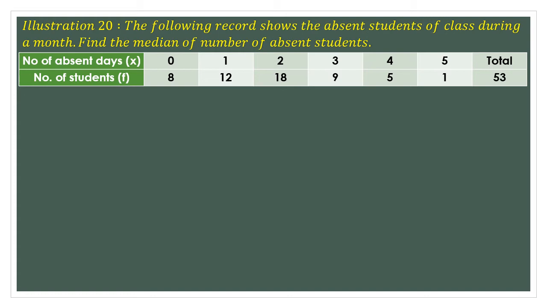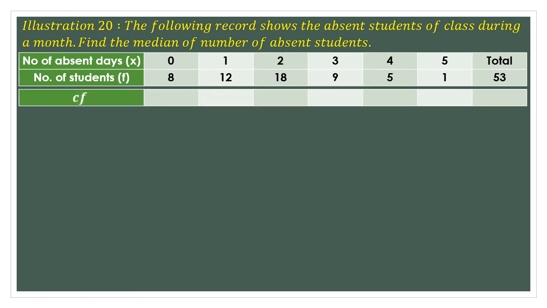What we need to do first is to calculate the cumulative frequency using the given frequency here. How we are going to do that? The first frequency here is 8, then add the next frequency 12 into 8 we will get 20, then add the next frequency 18 into 20 we will get 38, add 9 we will get 47, then add 5 it will be 52 and then at the end 53.